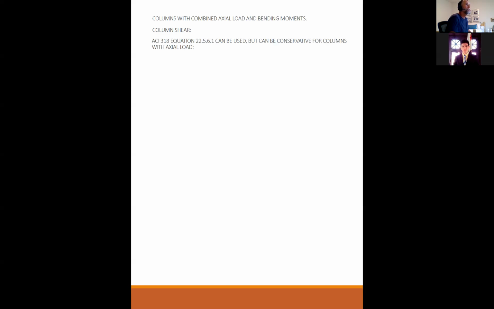ACI 318 equation 22.5.5.1 can be used, but can actually be very conservative for columns with an axial load. So in beam shear, we had this equation that was 2 lambda square root f prime c bwd.